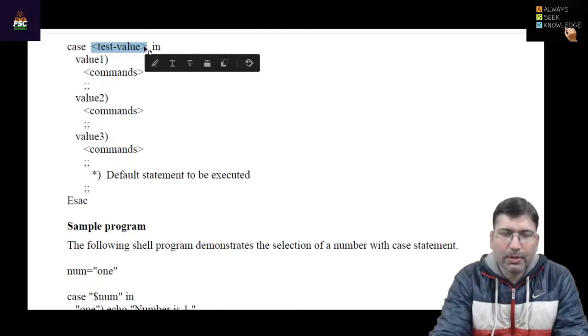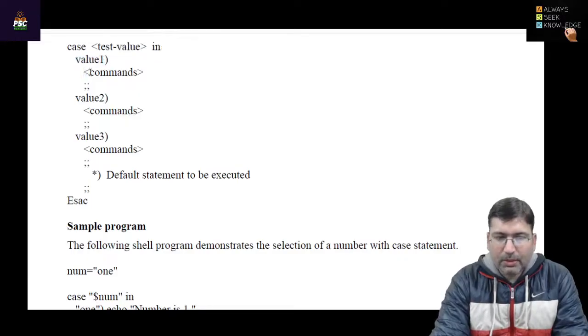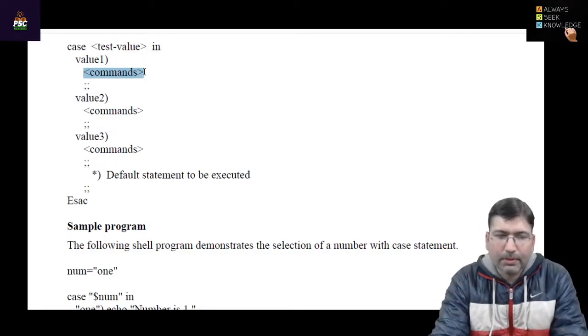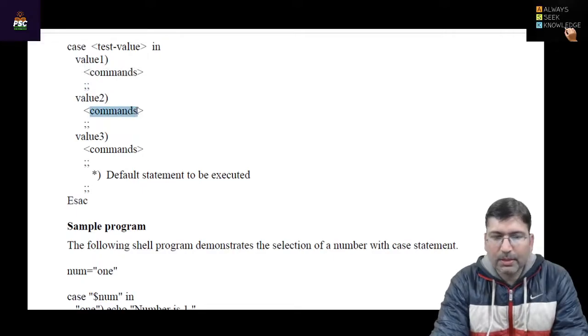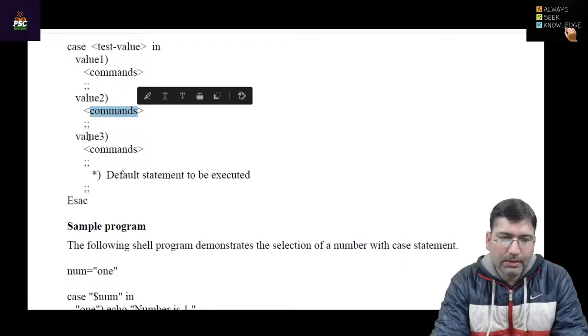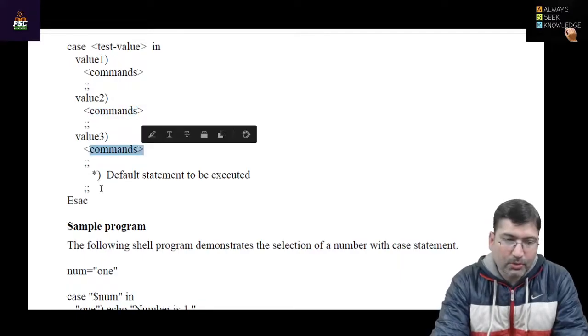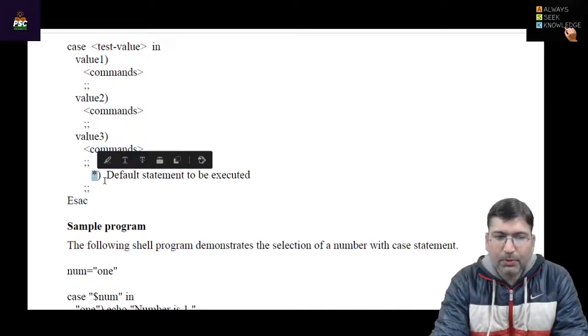I'll demonstrate it later on, so just go through it. Then value 1, so you put 1 only, and then you type echo in double quotes January, followed by a double semicolon, then 2 and print February, then 3 and March, and so on. This star we put for default.